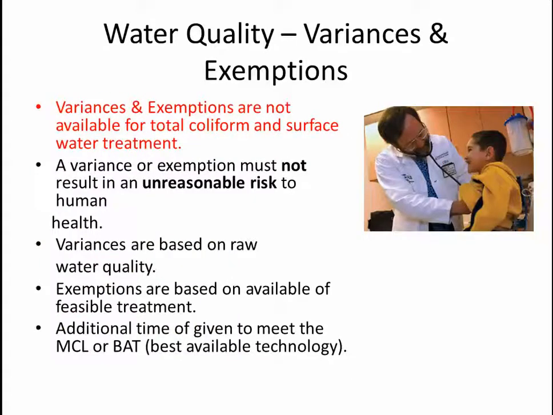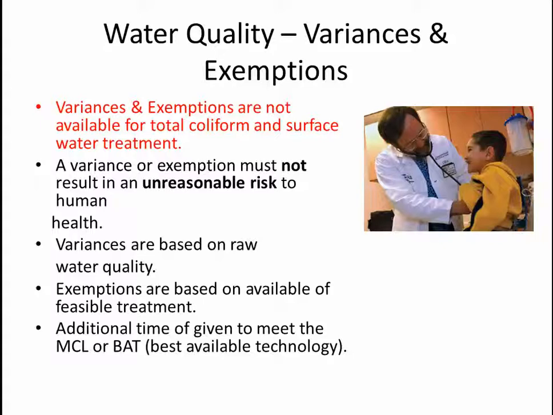So we do have the possibility of getting variances and exemptions for our water quality standards, but we do not do variances and exemptions for total coliform, as well as we do not do them for the surface water treatment rule. And for a variance or an exemption we have to be assured that it will not result in an unreasonable risk to human health.